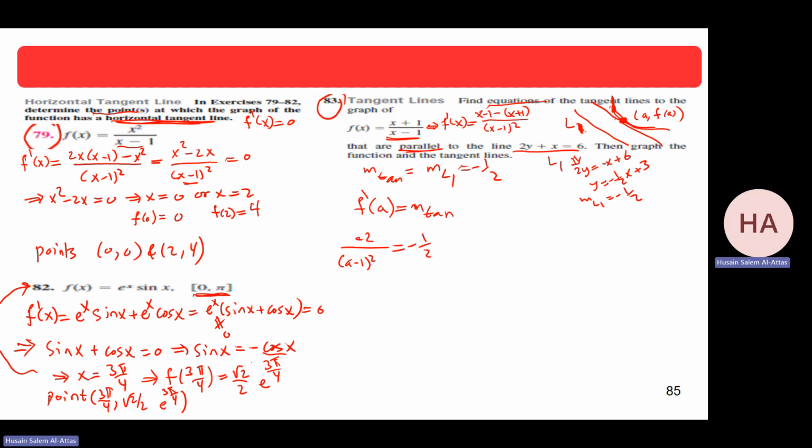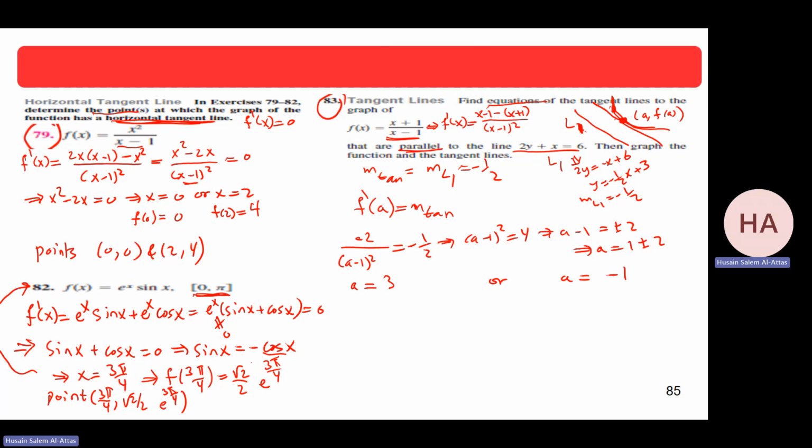That implies a minus 1 squared is equal to 4. So a minus 1 equals plus or minus 2, so a equals 1 plus or minus 2. So a equals 3 or a equals minus 1.